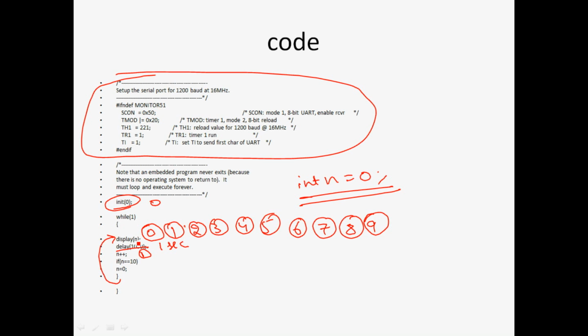Now when n is equal to 9, after the delay of 1 second, n will be incremented and it will be equal to 10. So this condition will be fulfilled, and due to this n will reinitialize to 0 and our cycle will continue. After 9 it will be 0, then 1, and so on. So in this way we have printed 0 to 9 again and again at a delay of 1 second on our 7 segment LED with the help of the 8051 microcontroller.